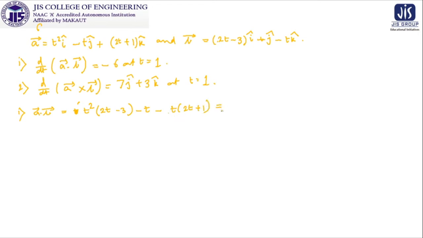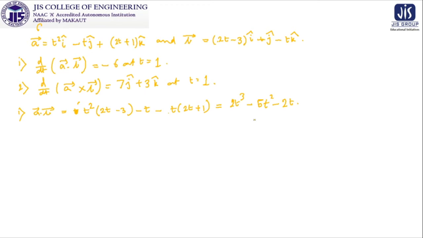So simplifying, what we get is 2t cube minus 5t square, because here is 2t square and here is minus 3t square, and minus 2t.